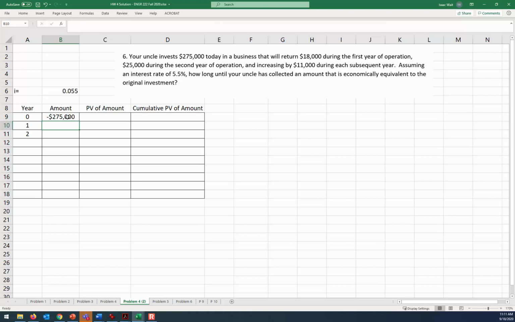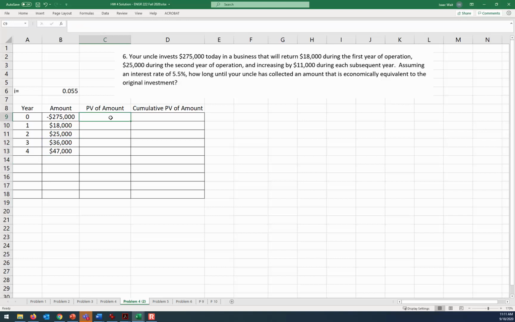And then the first year, he's receiving $18,000, then $25,000, and then in year 3 it is $25,000 plus $11,000. In year 4 it's going to be the previous amount plus an additional $11,000, and so on.